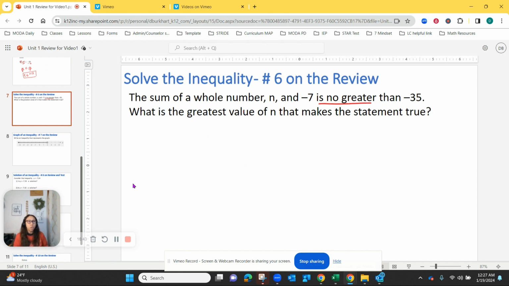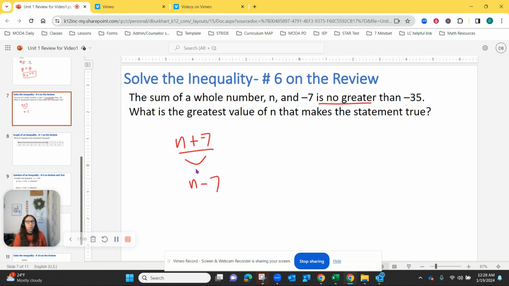So we are going to represent this with the variable n added with a negative 7. Adding negative 7 is the same thing as minus 7, because plus negative 7, another way of writing that down, is n minus 7.